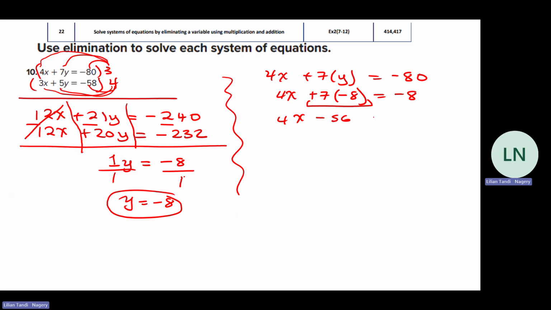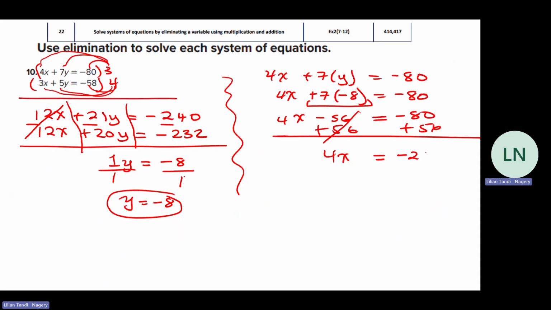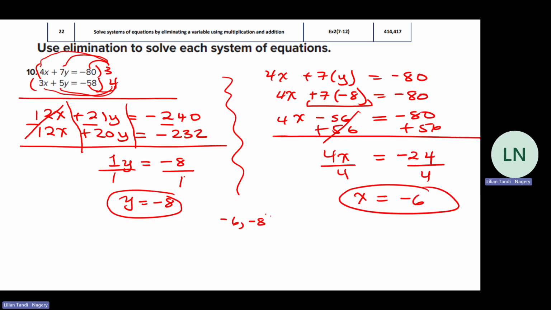This is negative 80 plus 56, plus 56. This is 0, this is 4x equals to, that should give me negative 24. And I divide both sides by 4, x equals to negative 6. And then you write here negative 6, comma, negative 8. And this is x, comma, y, and you box your answer.